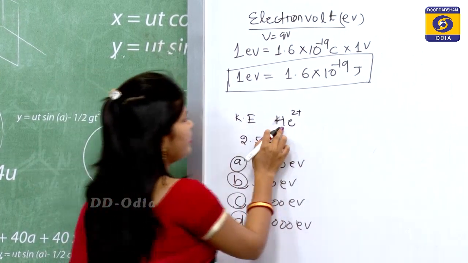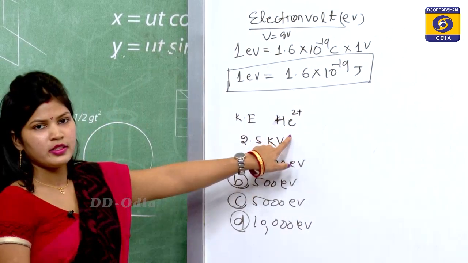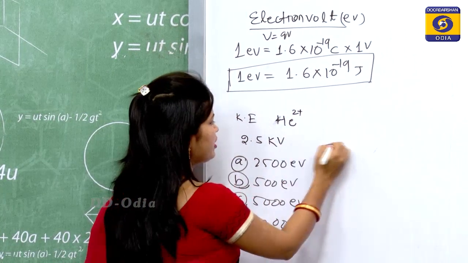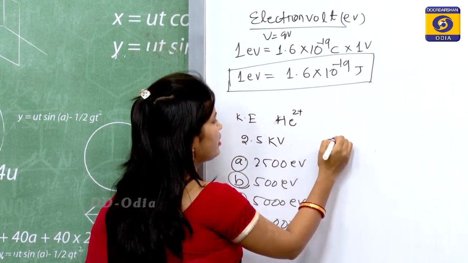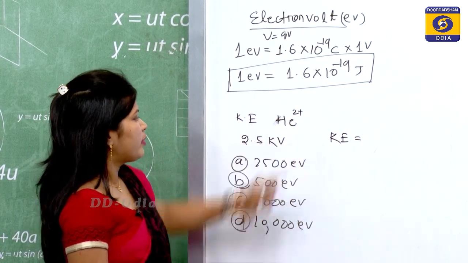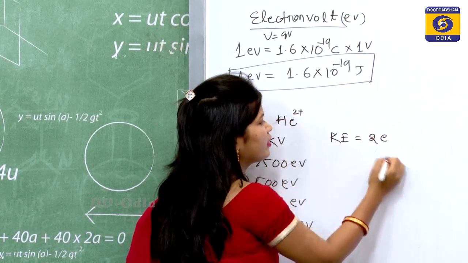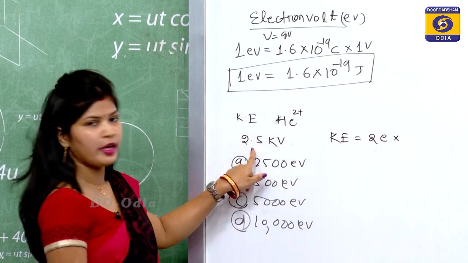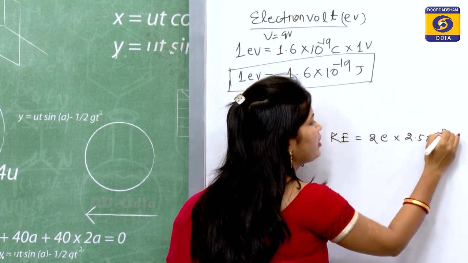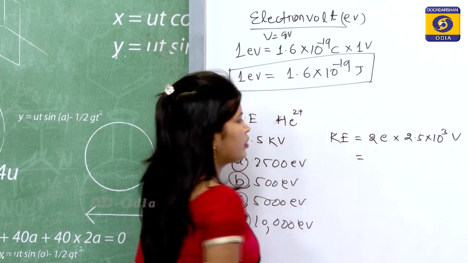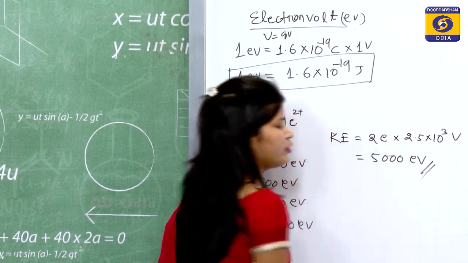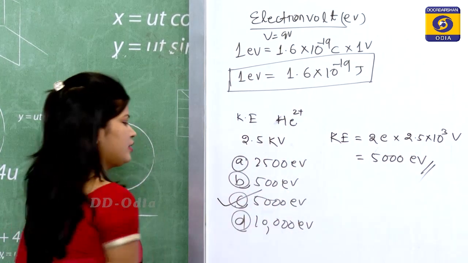See, when the helium plus 2 ion is released from rest, the potential energy is converted to kinetic energy. So, kinetic energy is equal to the charge of the helium ion, that is 2e, into the potential, that is 2.5 kilovolt, that is 2.5 into 10 to the power 3 volt. So, that is equal to 5000 electron volt. Okay. So, option C is the right answer.